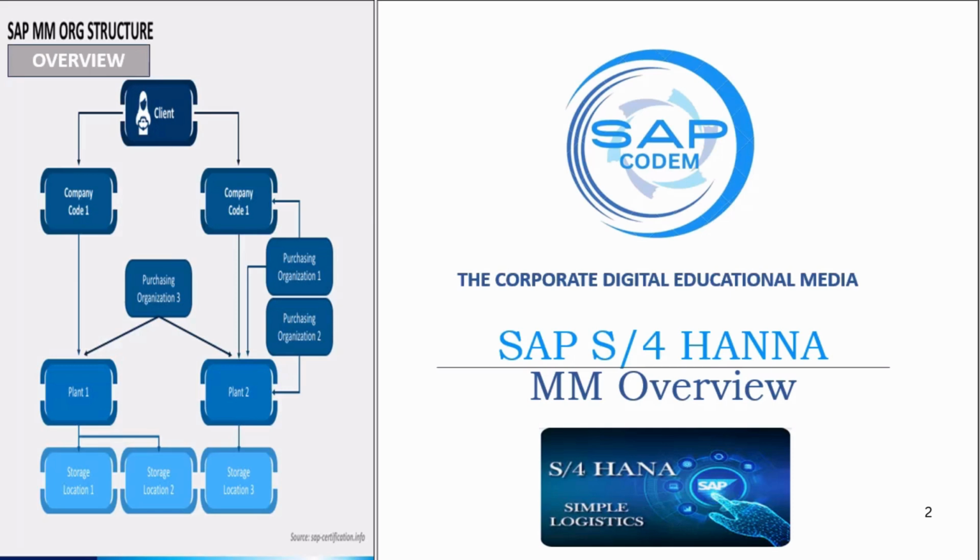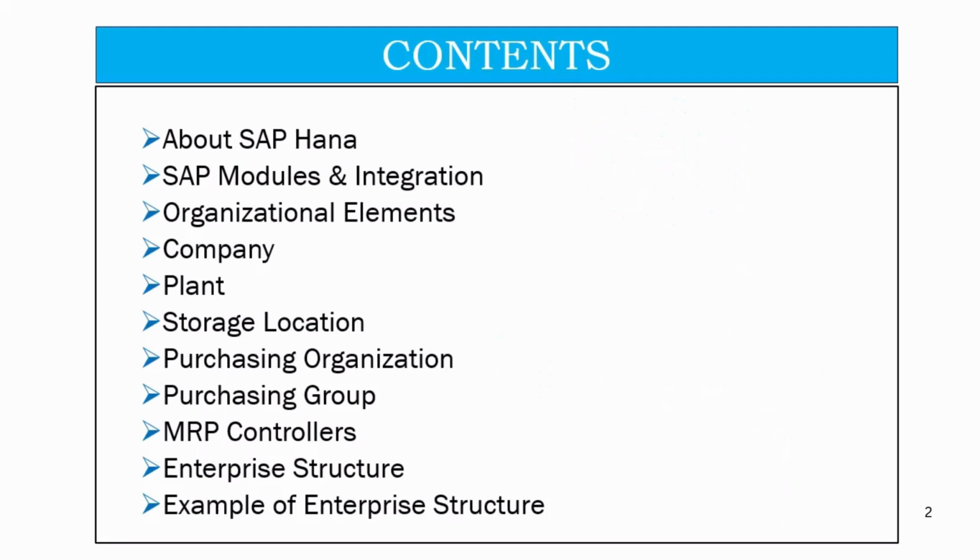So to have a better understanding, let us say that you're going to start your own company and you will do the configuration by yourself in the system. So let us see the contents of today's session. I will just give a brief about SAP HANA, SAP modules and integrations, organizational elements.